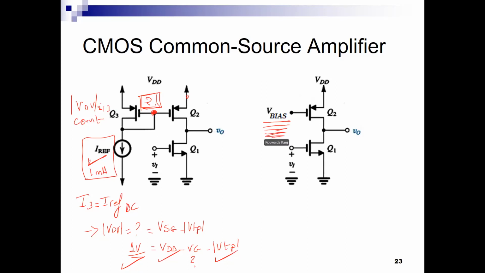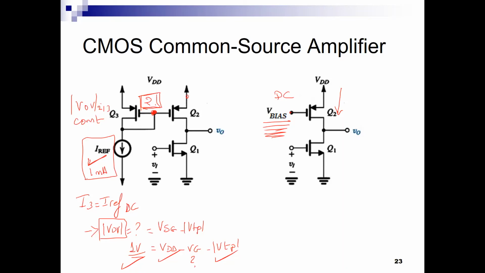The current mirror is equivalent to plugging a DC value here that will result, when Q2 is in saturation, in a constant or almost constant current in Q2, right? Corresponding to this specific VOV. So I can replace this whole circuit by an equivalent V bias.